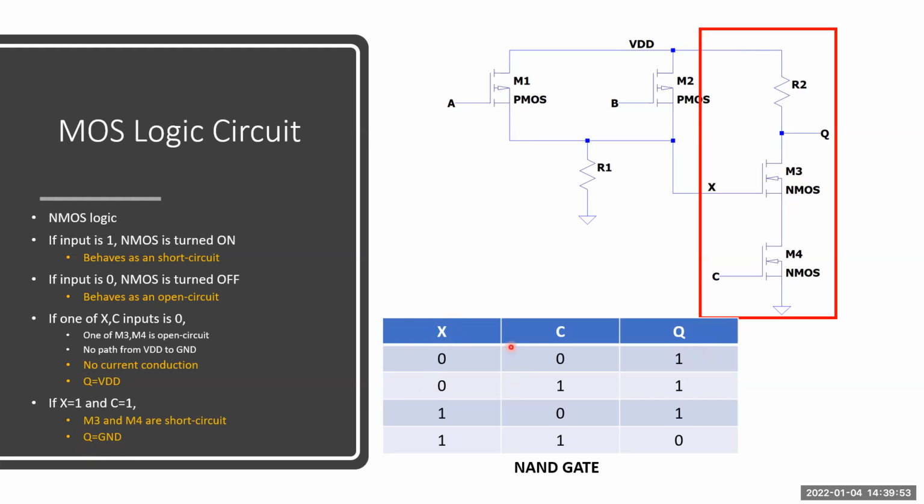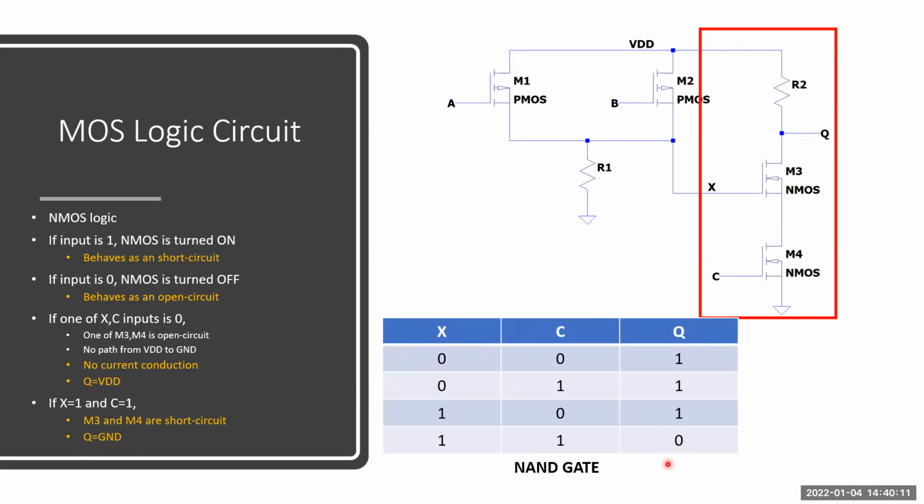And what about when the X and C inputs are equal to 1? Then it means that M3 and M4 behave like a short circuit. Then the output node is connected to ground, so the output voltage becomes 0.